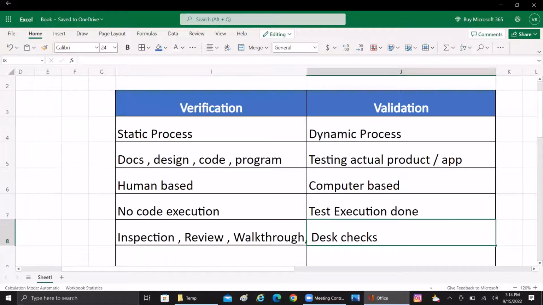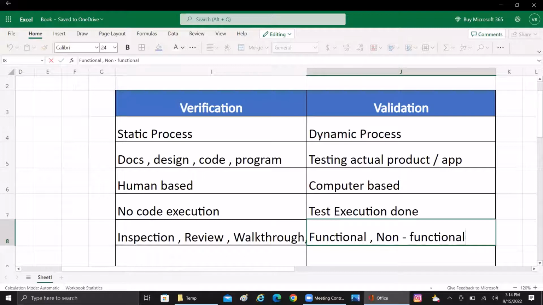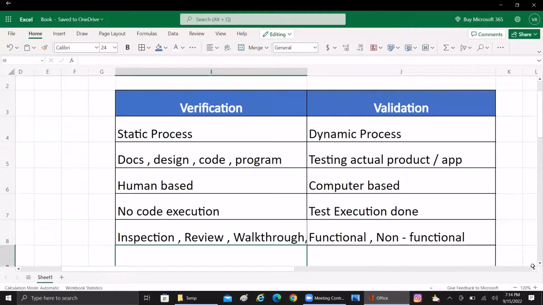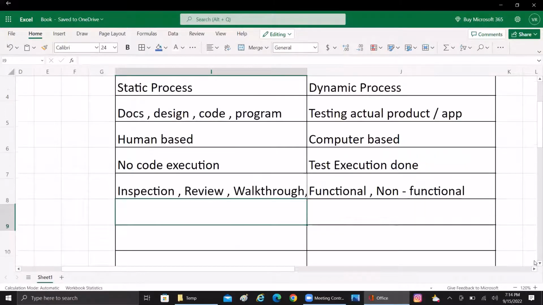Whereas in validation, both functional and non-functional testing will happen, where any testing techniques we can include. So these are the things they generally follow in verification and validation.